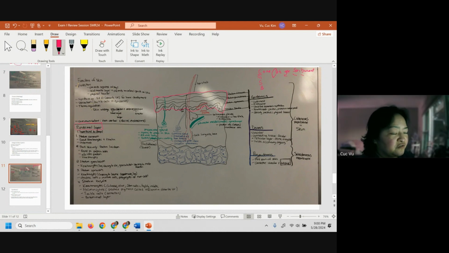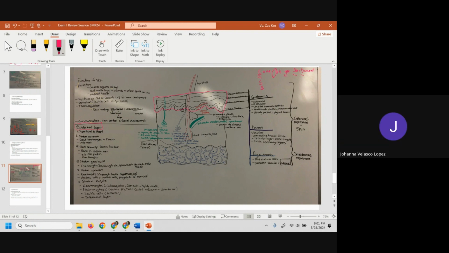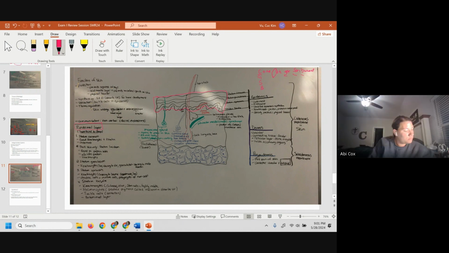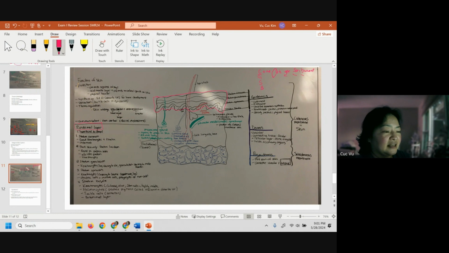Where would you find keratin starting to form? In the basale? Is it the granulosum? Yes, that's right. That's why it's called granulosum, because those cells become granulated, grainy.